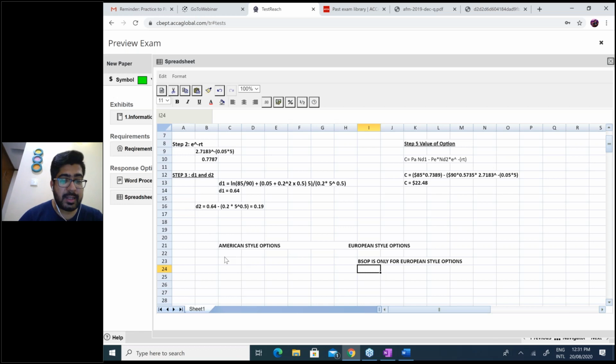For American style options, we use an approach called binomial approach, but that is not a part of your P4 exam. That's why you don't need to panic that I haven't heard of binomial anytime in my studies. So binomial approach is not a part of your syllabus. That means American style options can't come in your exams. You can only be tested on European style options. Okay.